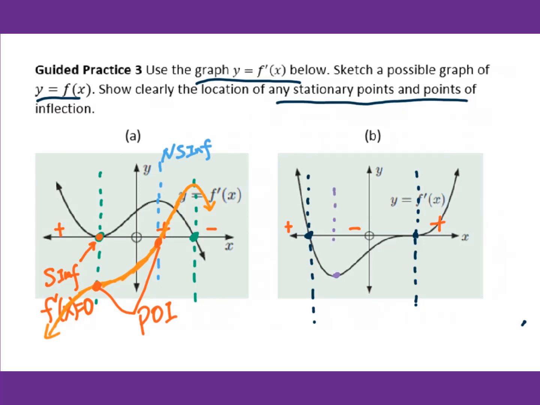It will be a point of inflection. So we can sketch the graph like this. This is going up, and then you're going down. This will be the inflection point here. Then go this way. This is a minimum point.